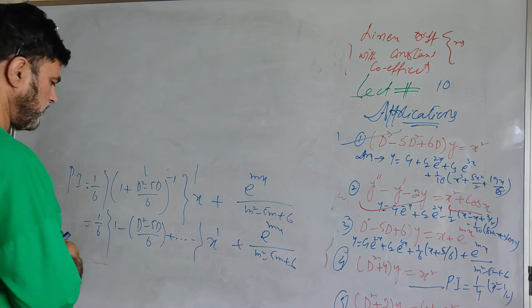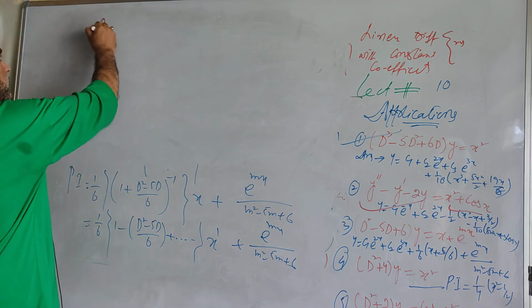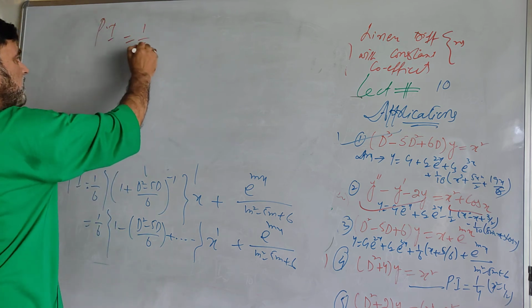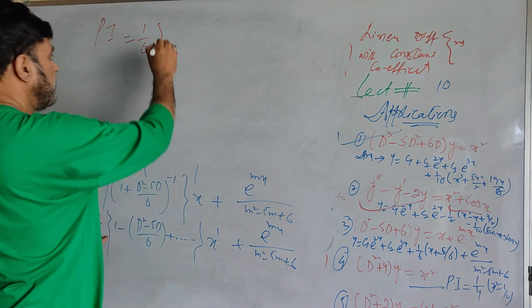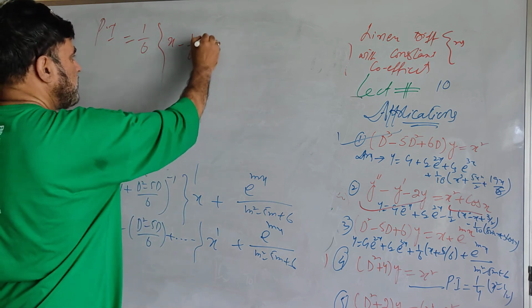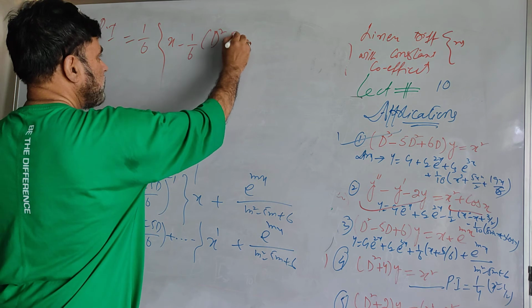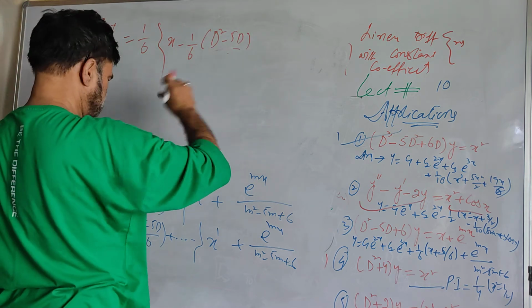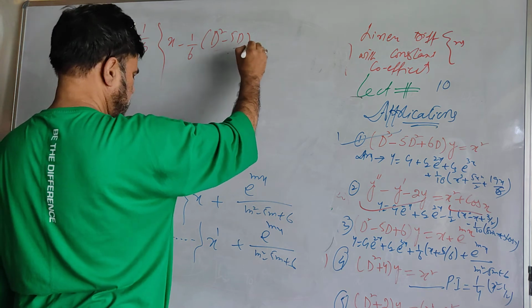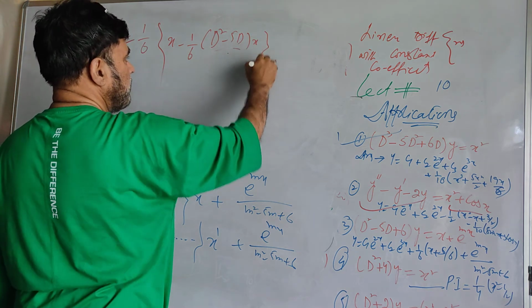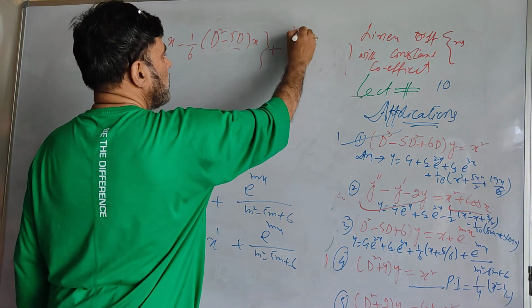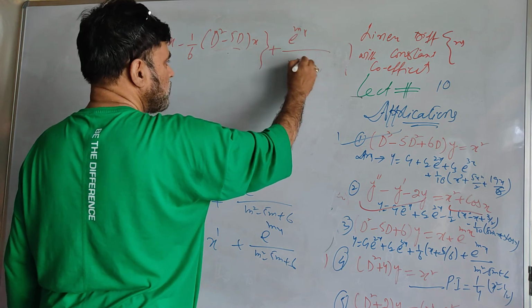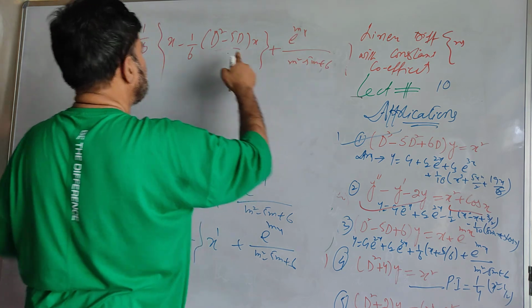Well, dear students, you have the particular integral here. It is 1 by 6. Take x here. It is x minus 1 by 6 into d square minus 5d, because I took 1 by 6 here. D square minus 5d into x only. Then plus e raised to power mx by m square minus 5m plus 6.